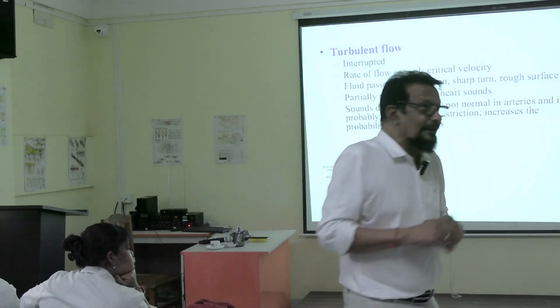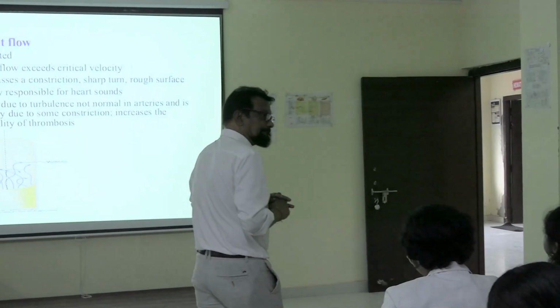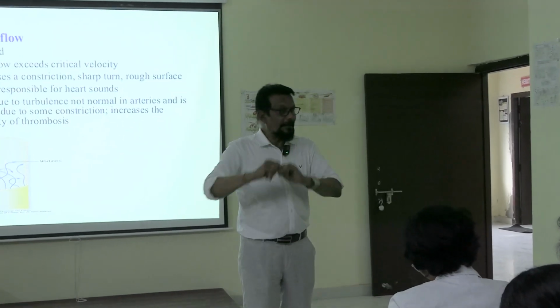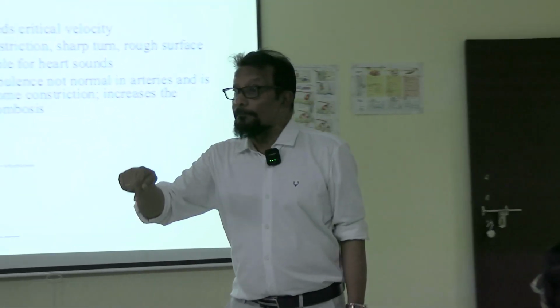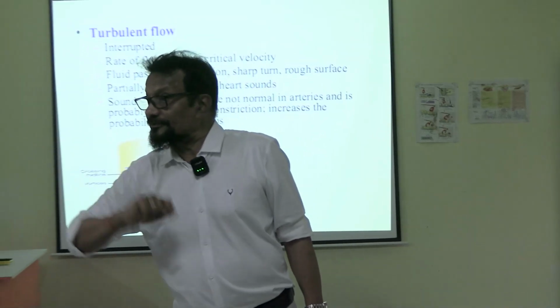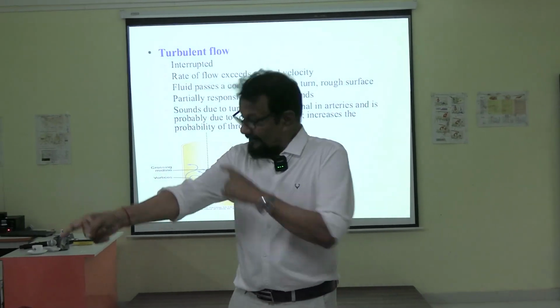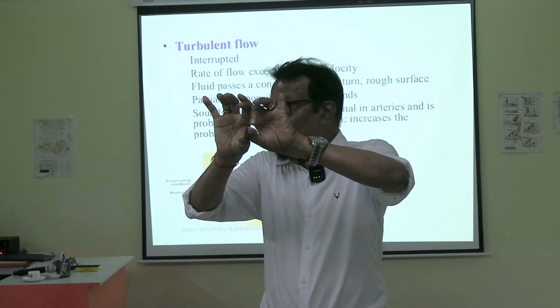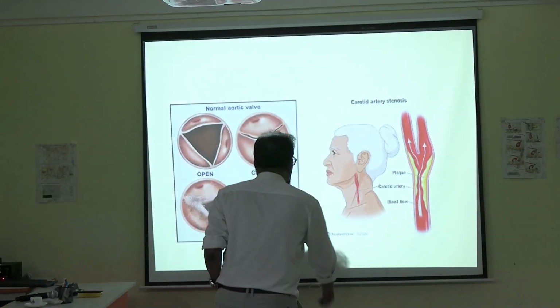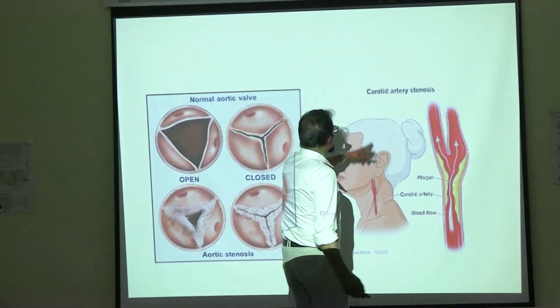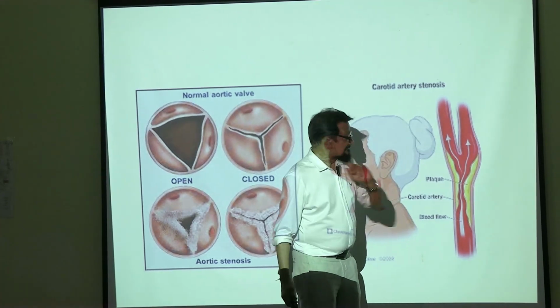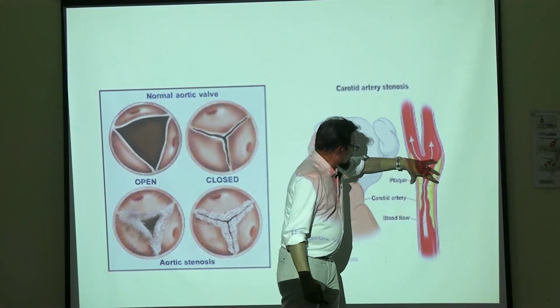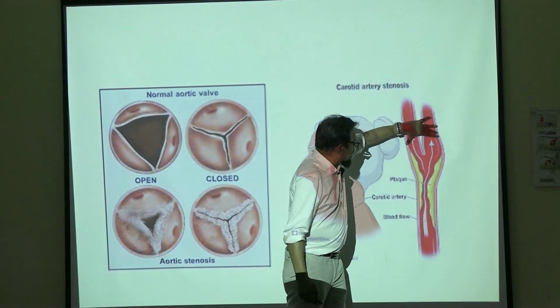Now where can it happen? In the heart. It can happen in the blood vessel because of atherosclerosis. What happens in atherosclerosis? Blood vessels, carotid artery stenosis. This is the normal artery.